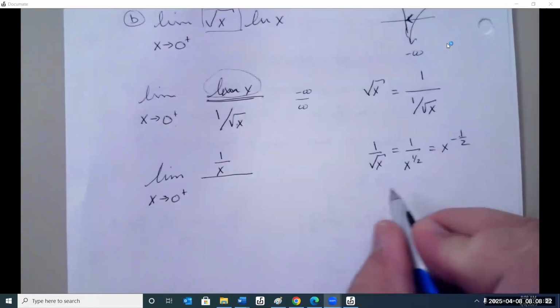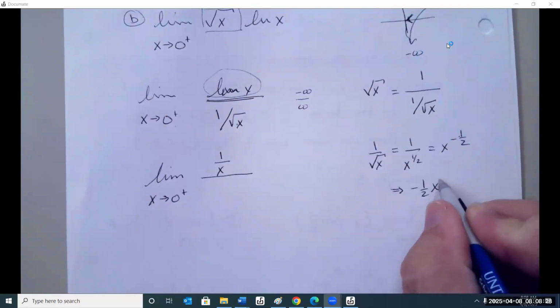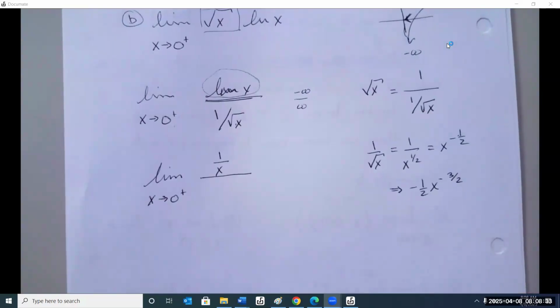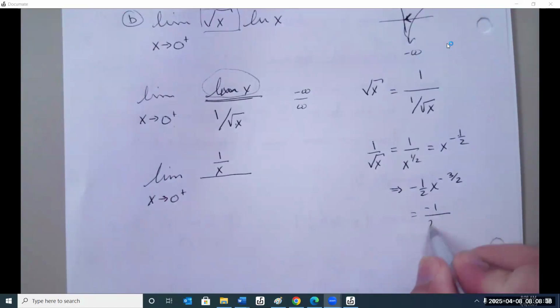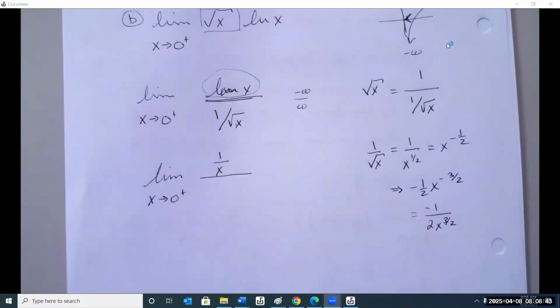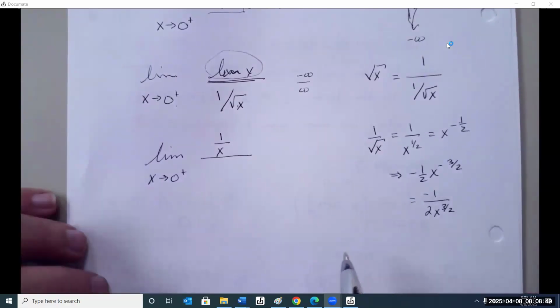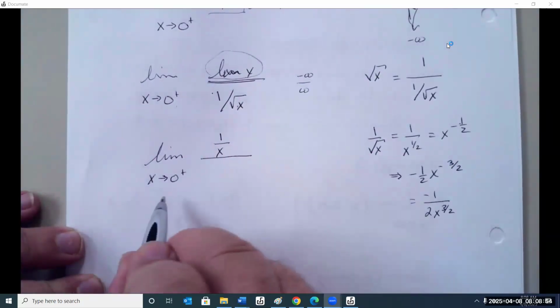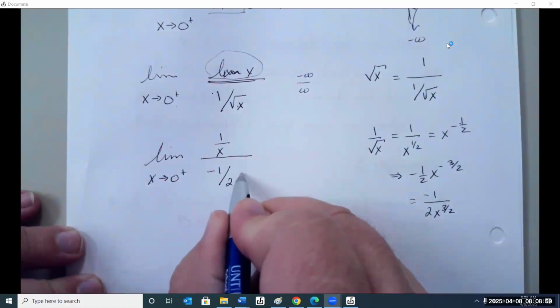So the derivative of that one is negative 1/2 x to the power negative 3/2, which becomes negative 1 over 2 x to the power 3/2. So that's the derivative of 1 over radical x. That gives us negative 1 over 2 x to the 3/2.